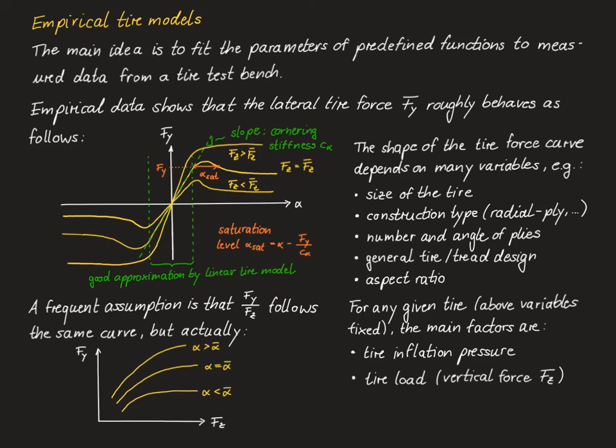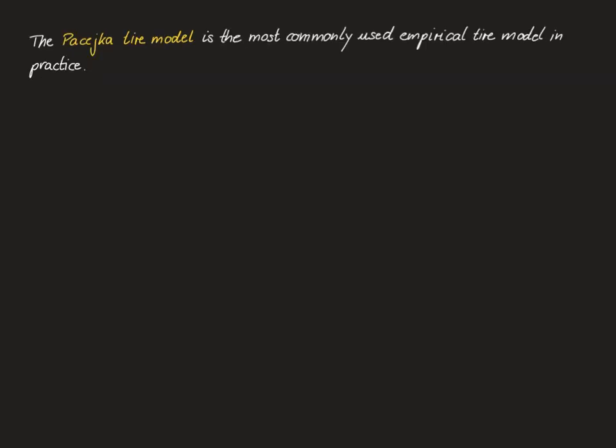Okay, now that we have a rough idea of how tires behave in reality, let's look at the most important empirical tire model, the Pacejka tire model. So the Pacejka tire model is by far the most commonly used empirical tire model in practice. It is named after its inventor, Hans Pacejka, who was a Dutch engineer and a professor at the Delft University of Technology.